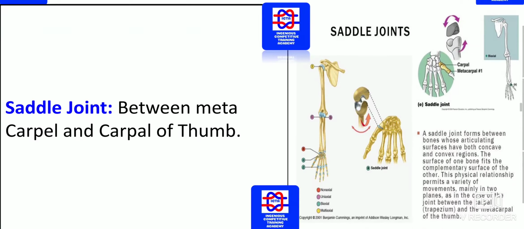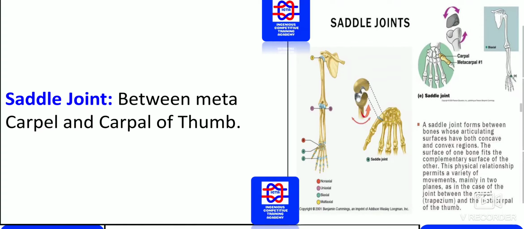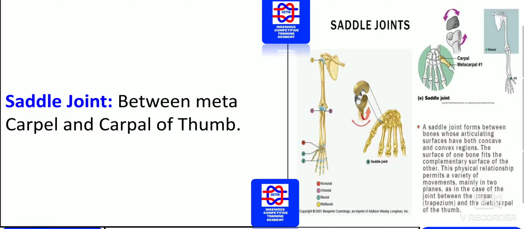Next we have the saddle joints. The saddle joint is between the metacarpal and carpal of the thumb. You can go through how the figure looks and the movement of the metacarpal and carpal of the thumb.